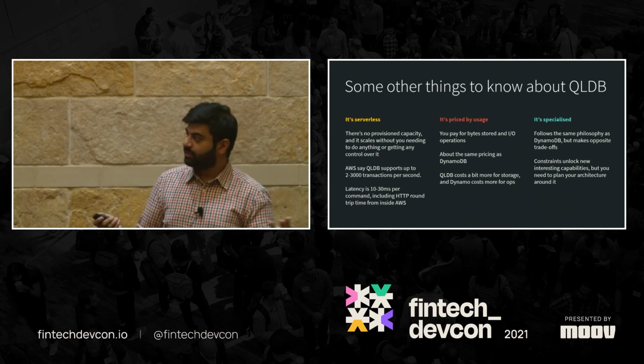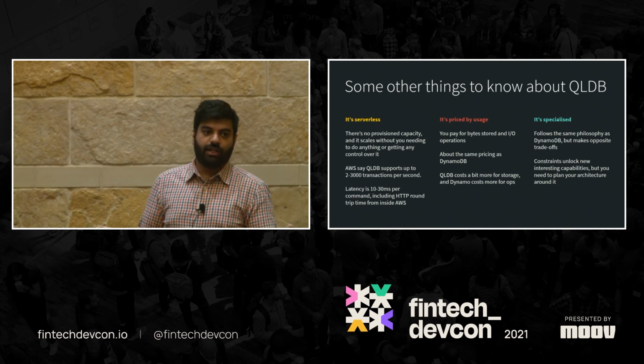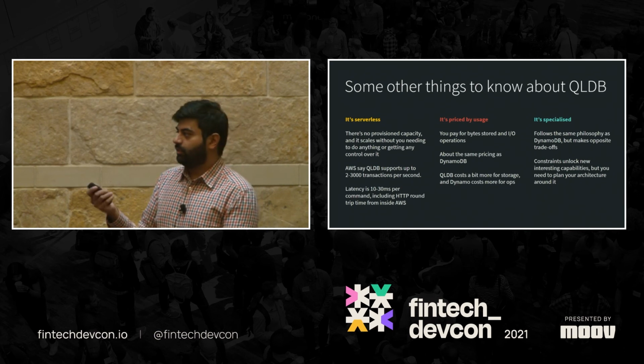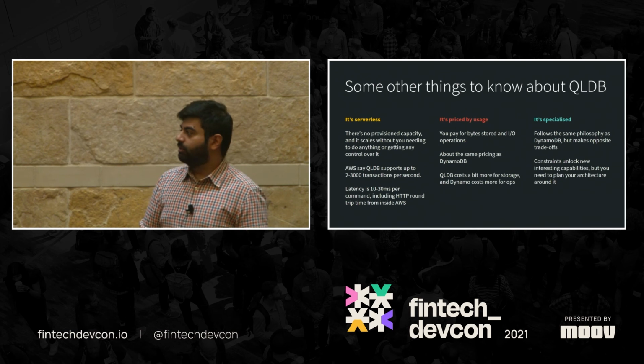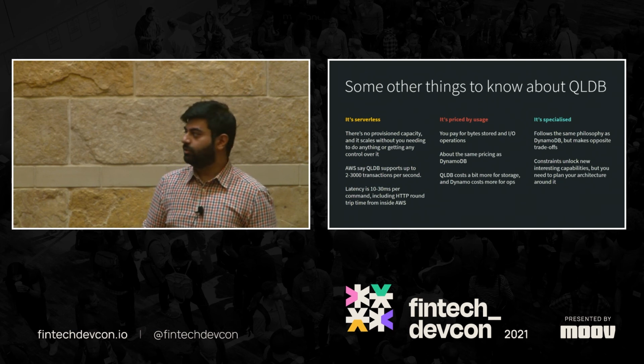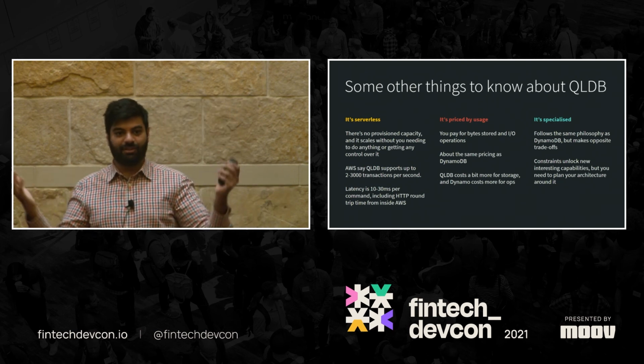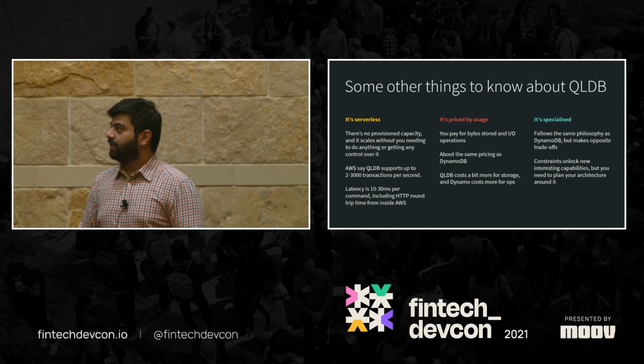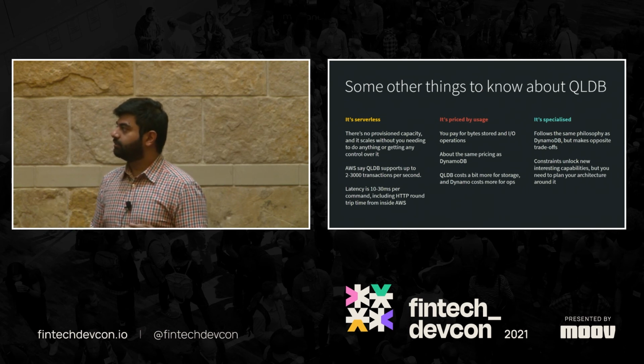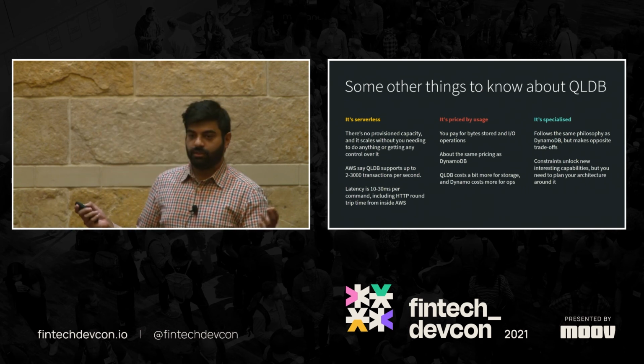So far, it's scaled, but I don't have any control over whether it will scale because it's all a managed service. But if Dynamo is any example, it'll probably scale fine, unless you do something wrong, which is easy to do sometimes when you have a complex data model and all that sort of stuff. So I think that's pretty much the talk, and if anybody has any questions, yep.